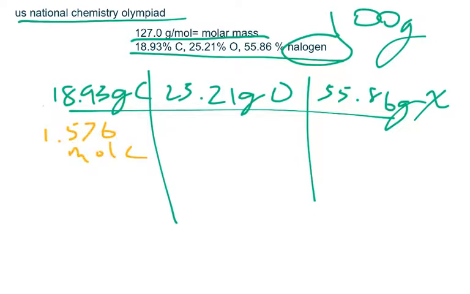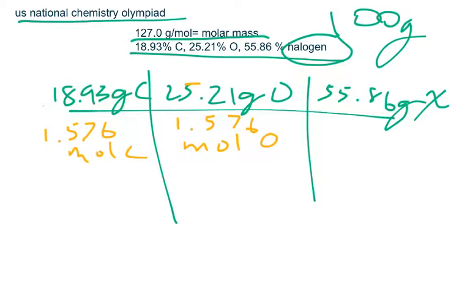And I'll do that for the grams of oxygen. So 25.21 divided by 16 is 1.576 moles of oxygen.